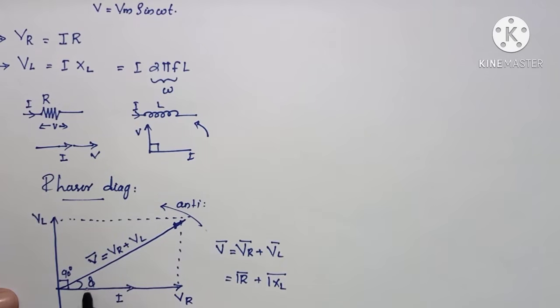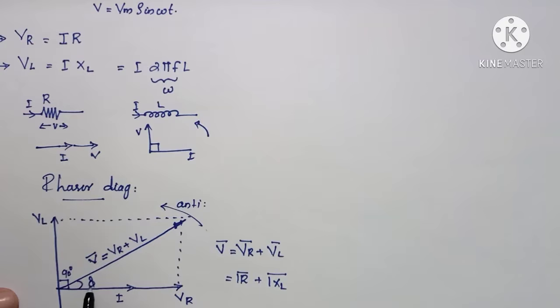So here phi is the angle. What is this phi? Phi is the angle difference between the resultant voltage and current in this pure RL series circuit. So it is very clear that in a pure RL series circuit, the voltage leads the current by an angle phi, not 90 degrees like in the case of an inductor.